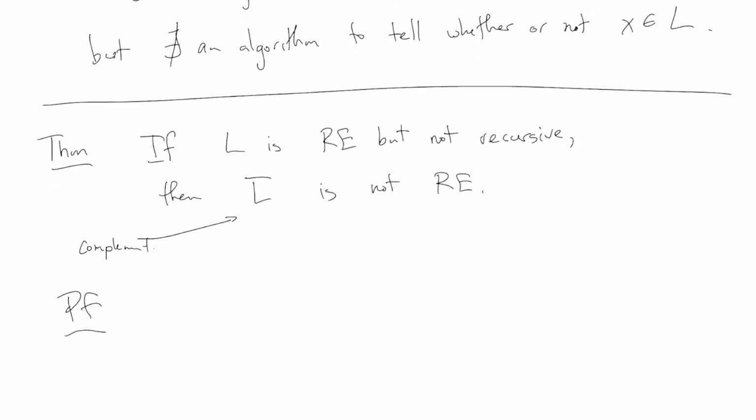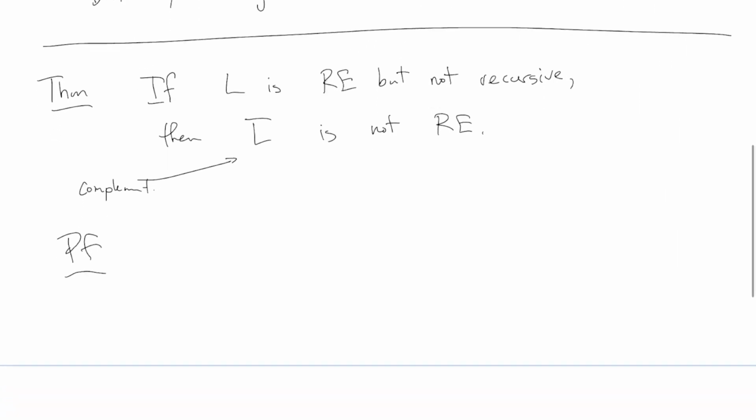So the argument is going to be by contradiction. To get a contradiction, we would assume that L bar is RE, right?